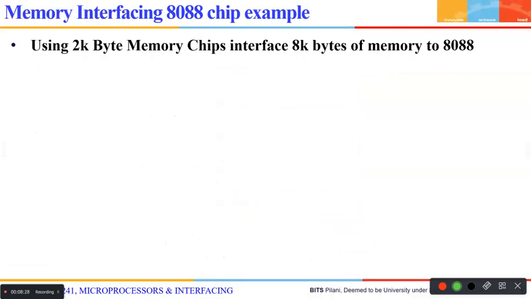Okay. Now, use some work of your brain. See, this memory chip has only 8 bits, but your 8086 microprocessor has 16 bits. Is there any mismatch between the data buses?